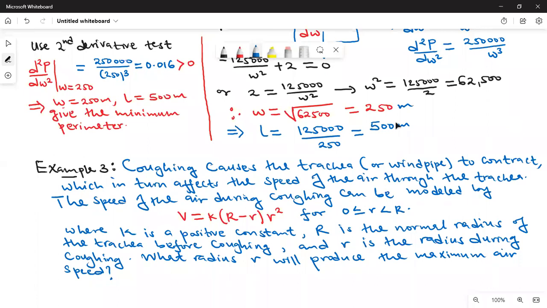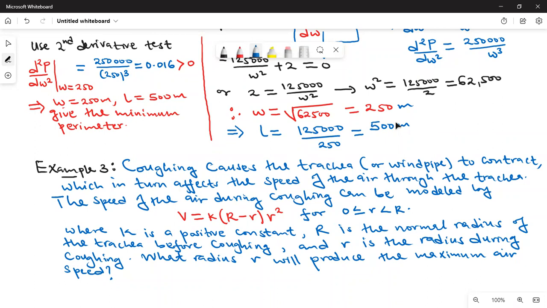In this example number 3, we are given this question: coughing causes the trachea or windpipe to contract, which in turn affects the speed of the air through the trachea.